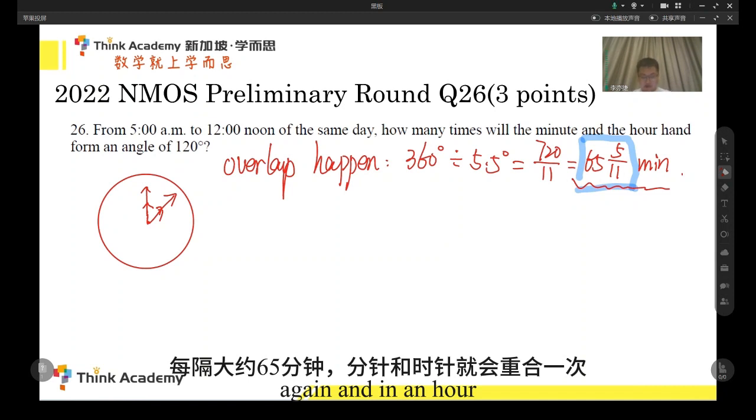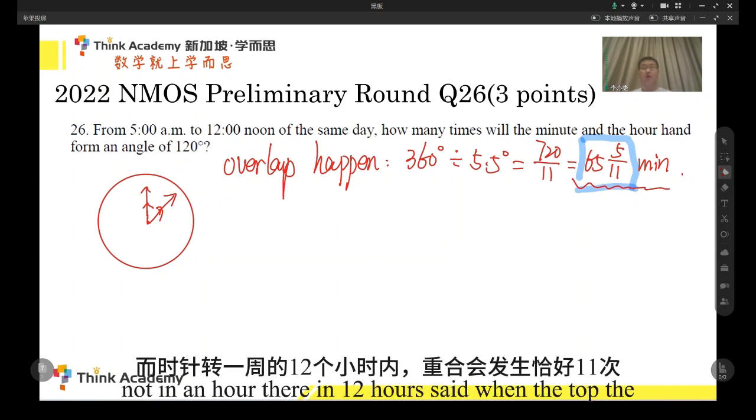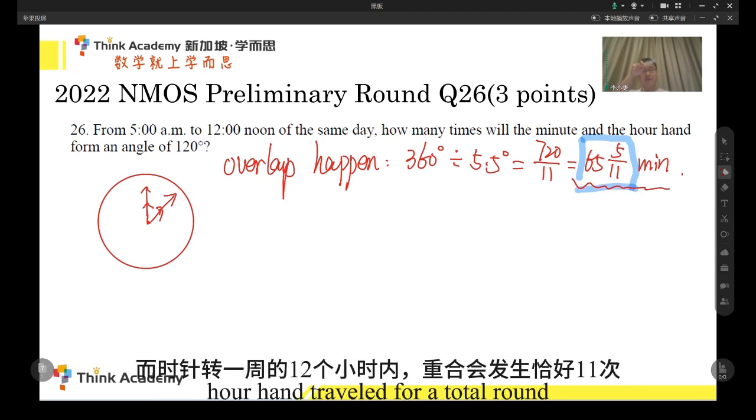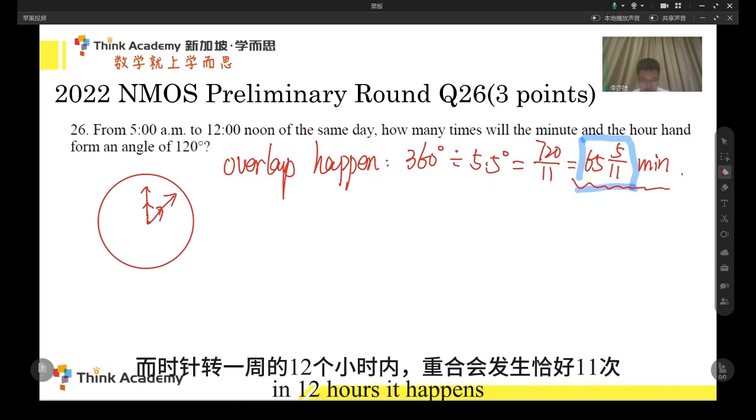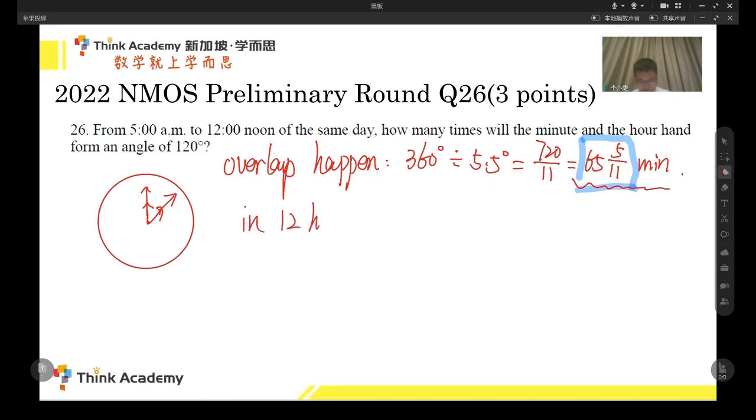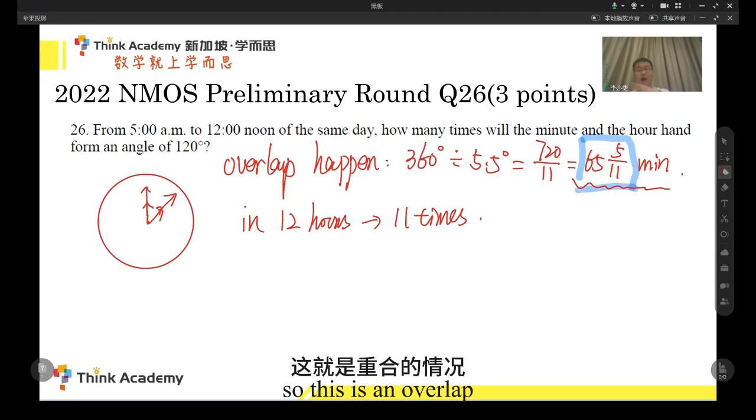And in 12 hours, when the hour hand has traveled a total round, it happens 11 times. So this is an overlap.